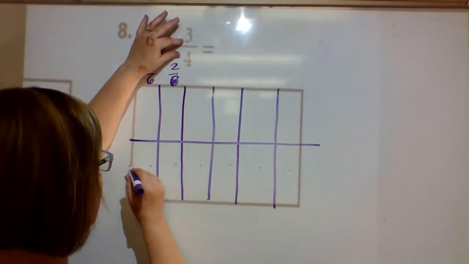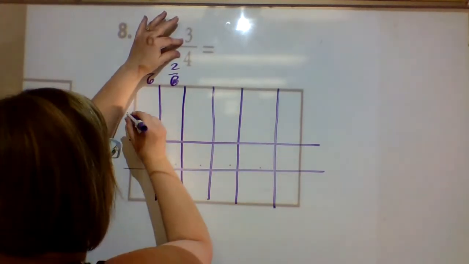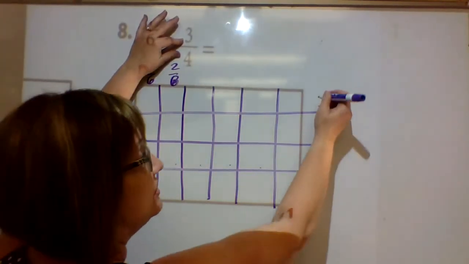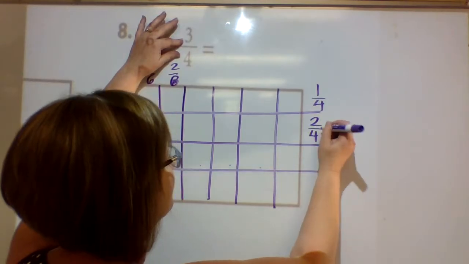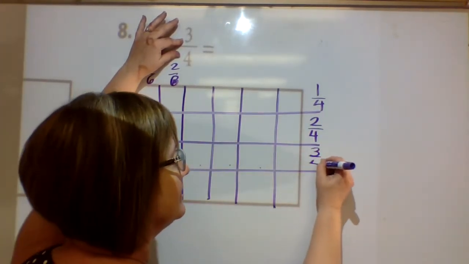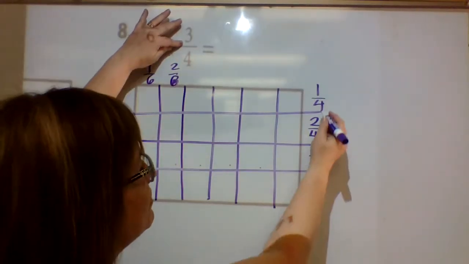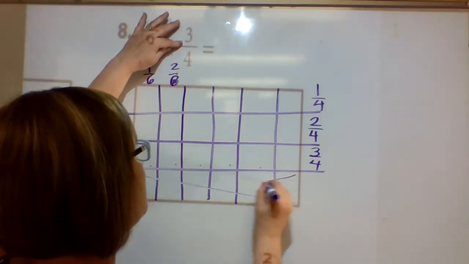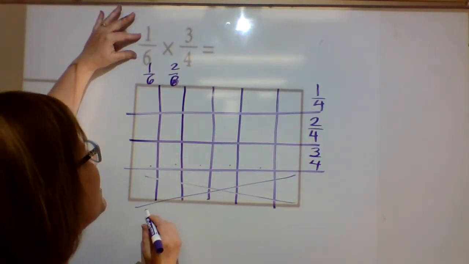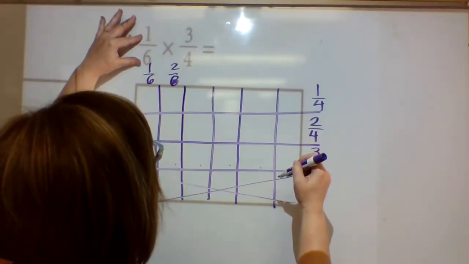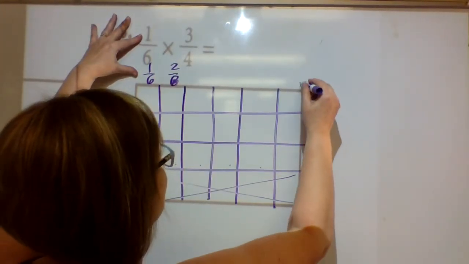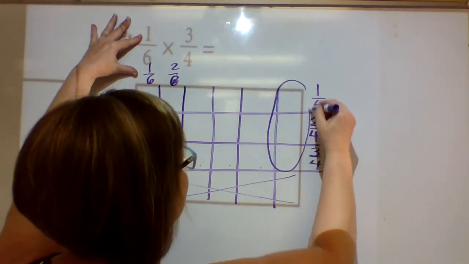There's half, and half of half is a fourth, and half of half is a fourth. So you got 1/4 this way, 2/4 this way, 3/4 this way, 4/4, and we need 3/4. So we're gonna get rid of this part, and we want 1/6. The 6 were this way. Okay, so 1/6 would be right here, I think.